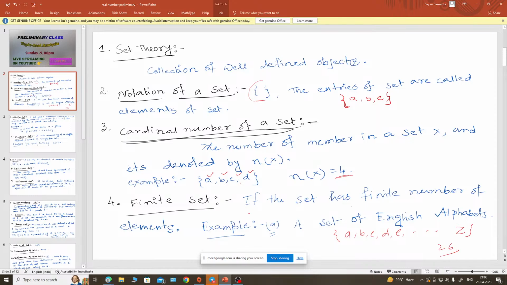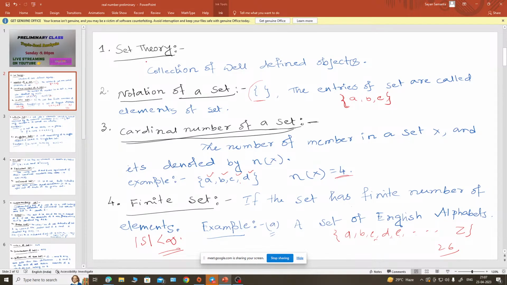So a finite set has a countable number of elements, that is, length less than infinity. Okay, so is the first page clear to everyone?